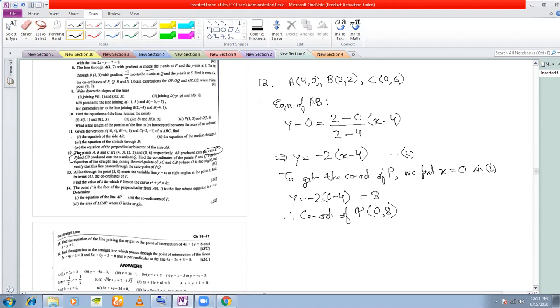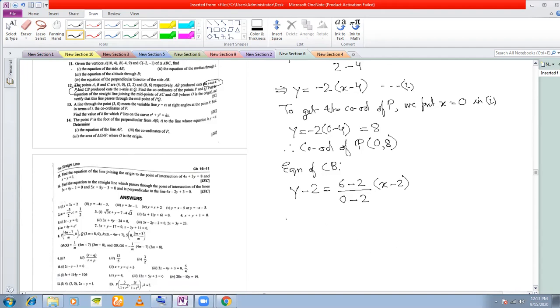Now, what is the next one? CB produced cuts the x-axis at Q. Let's first find the equation of CB. Again, 2-point form. You take any one as x1, y1 and the other as x2, y2. So y minus y1 is equal to (y2 minus y1) by (x2 minus x1) into (x minus x1).